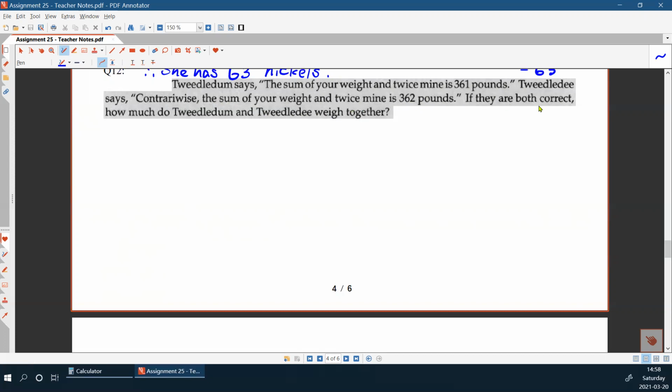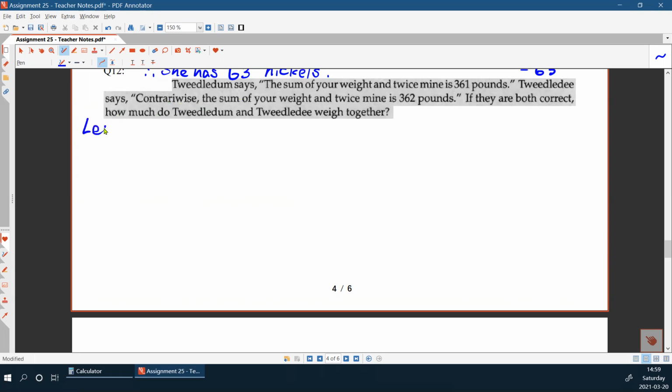If they are both correct, how much do Tweedledum and Tweedledee weigh together? These are two cartoon characters. First of all, how many unknown quantities are there? There are two unknown quantities.